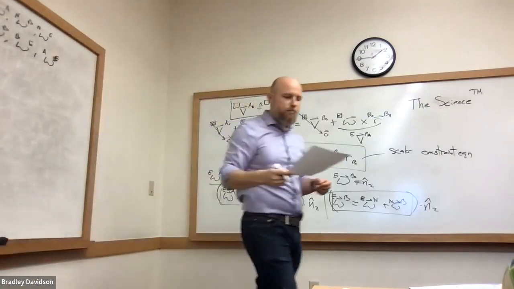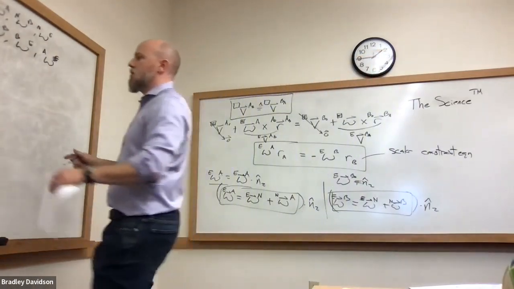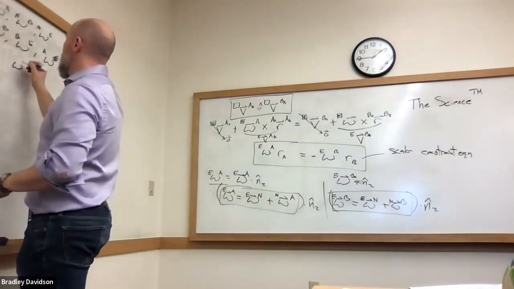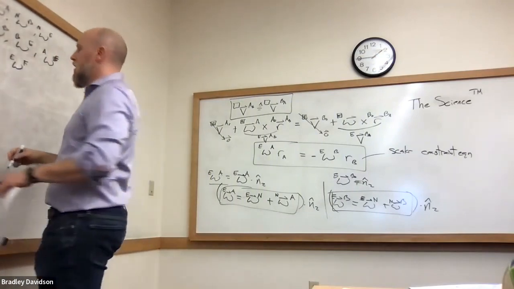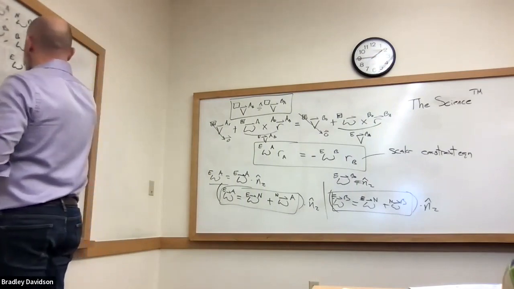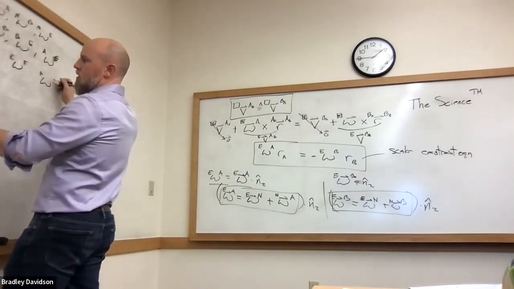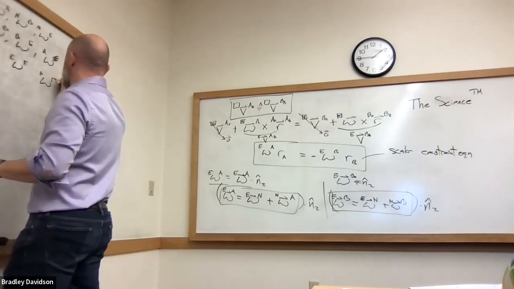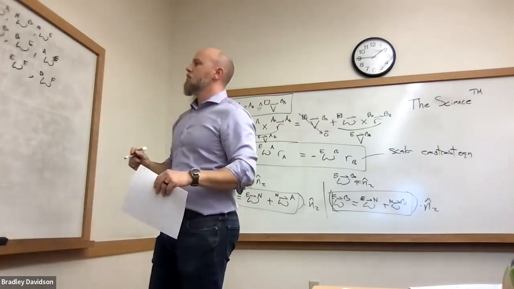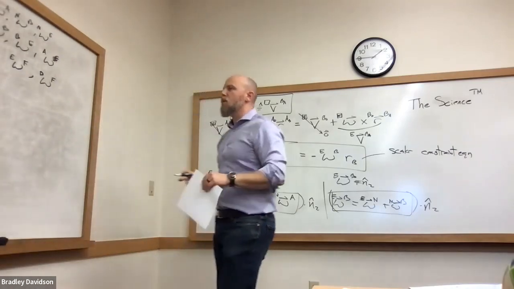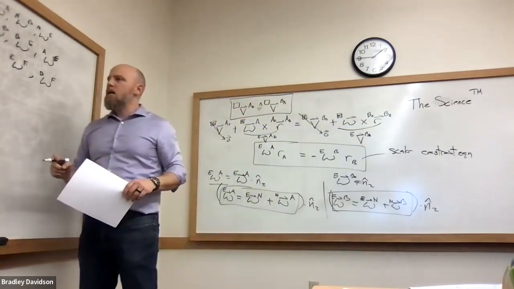What else? We've got omega E to F, and then omega D to B, or we could say D to F. Yeah, that would do it. So I've got eight motion variables.